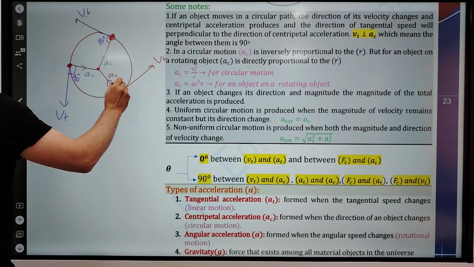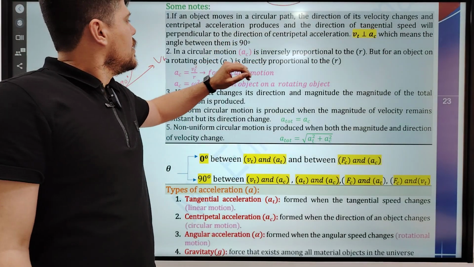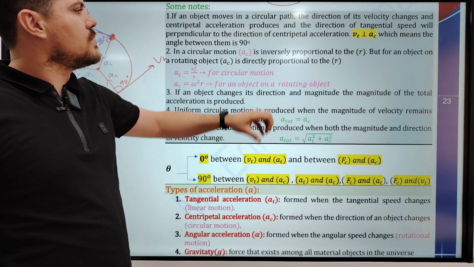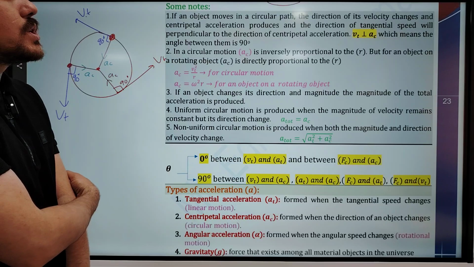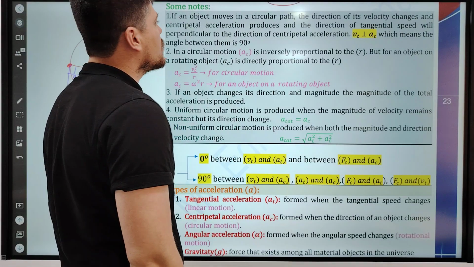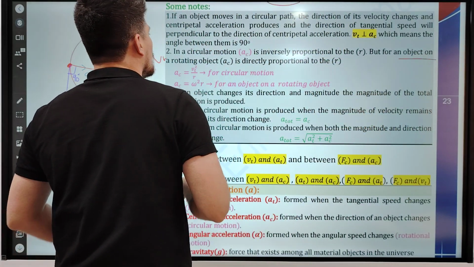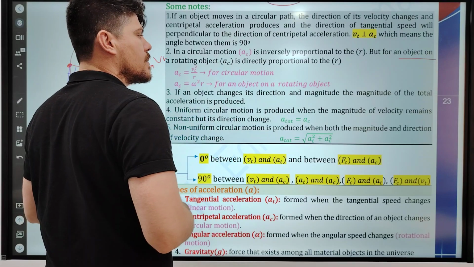This is VT, and it is 90, which means that the angle between them is 90. In a circular motion, when an object is moving in a circular path, AC is inversely proportional to the radius. But be careful: for a point on a rotating body, AC is directly proportional.